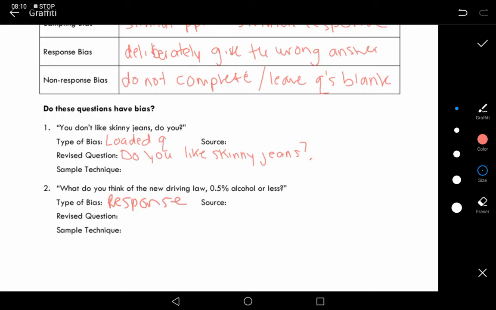Okay. If we wanted to revise it, we don't really need to, right? But we could say, what do you think the blood alcohol level should be? Or, what do you think the driving law should be?